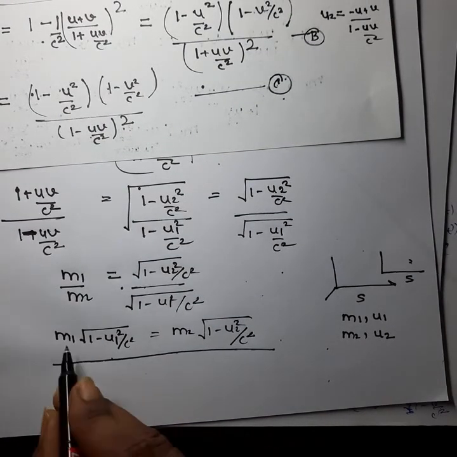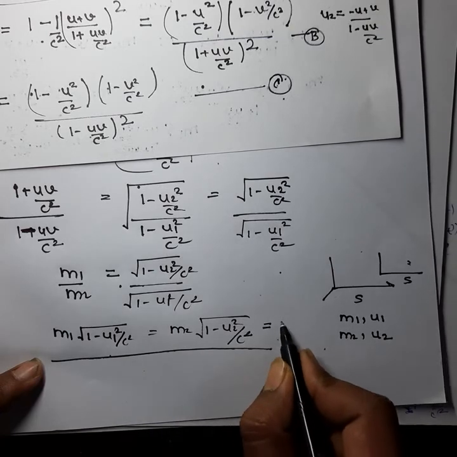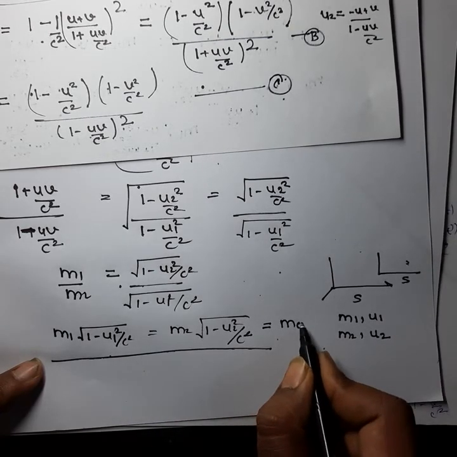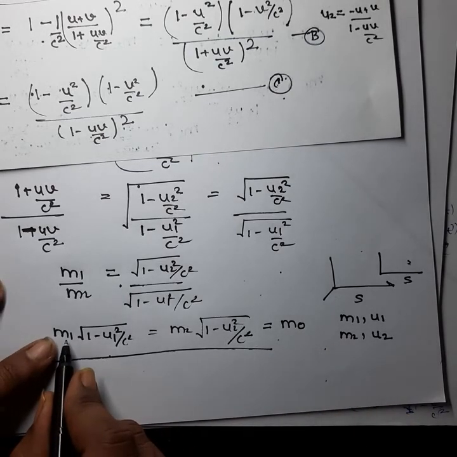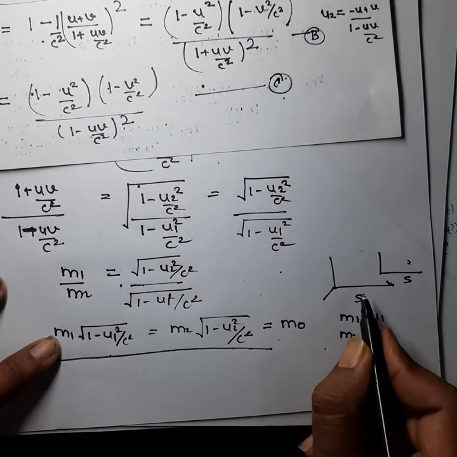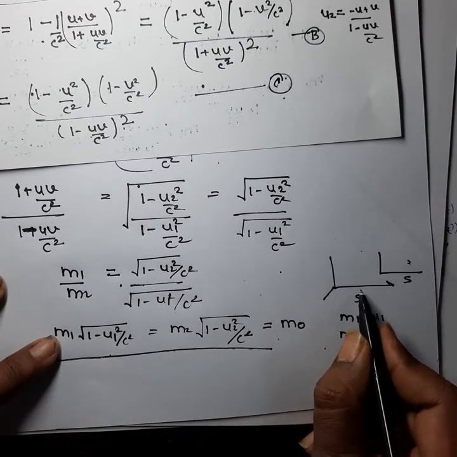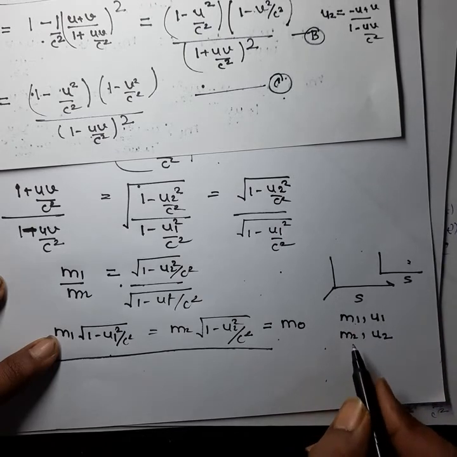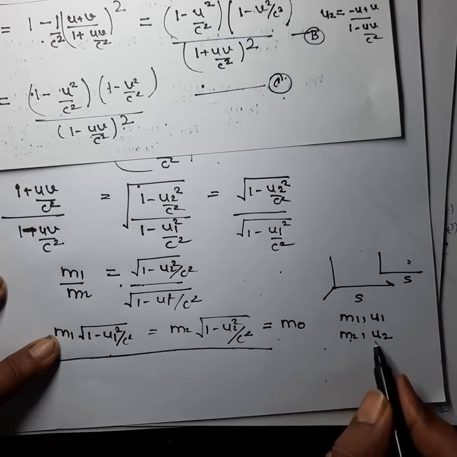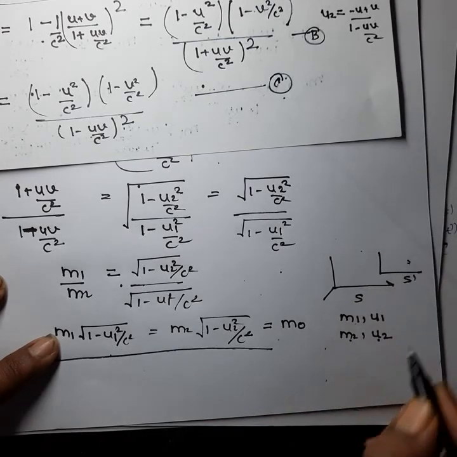Since this is constant, let's assume that it is equal to some mass m naught. Since m1 is moving with velocity u1 in S frame of reference, the mass is m1 and velocity is u1. Similarly for the mass m2, its velocity is u2. m1 and m2 were the same in S dash frame of reference.